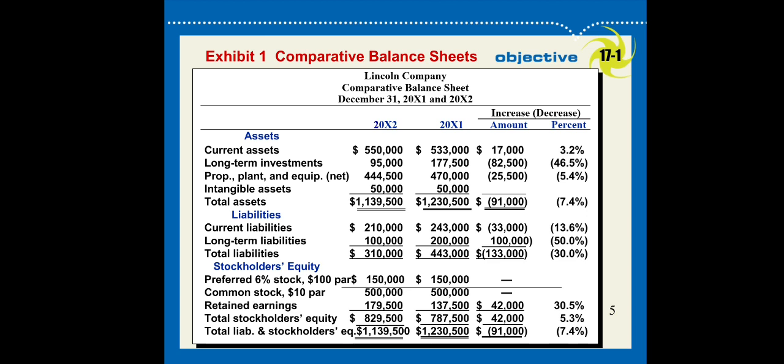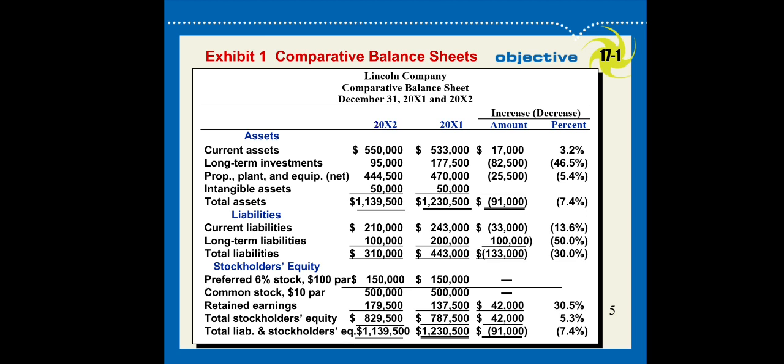If you do not analyze this financial statement, you will say that the business is getting worse, because in year 2000x2 the total asset of the business is 1,139,500.